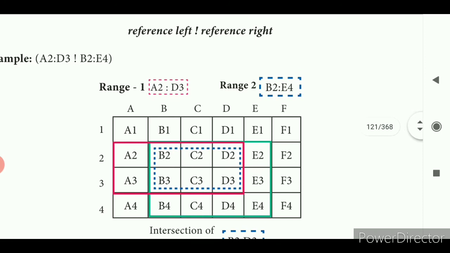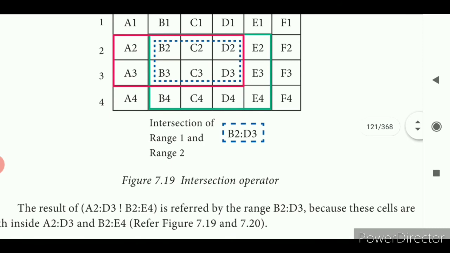The red highlighted area is A2 colon D3, and the green highlighted area is B2 colon E4. Then the common values are the blue dotted highlighted area, only the common values, that is B2 to D3.